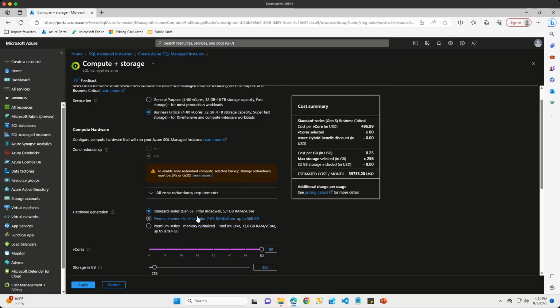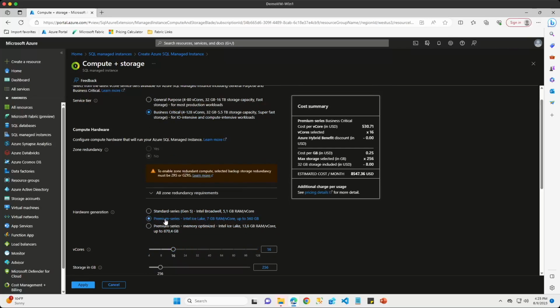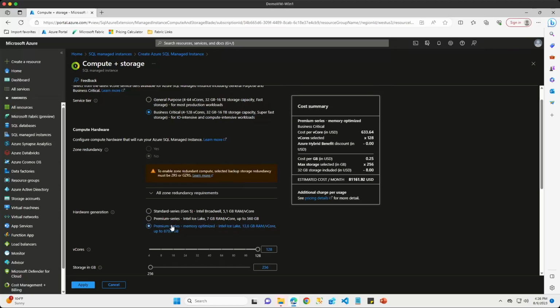Now, the differences come when we start to look at the premium series hardware. For general purpose premium series, we can see that we can still only go up to 80 vCores, and for the memory optimized version, we can only go up to 64 vCores. But if we were to choose the business critical tier, the premium series hardware is going to allow us to scale up to 128 vCores, and the memory optimized option will also let us scale up to 128 vCores.